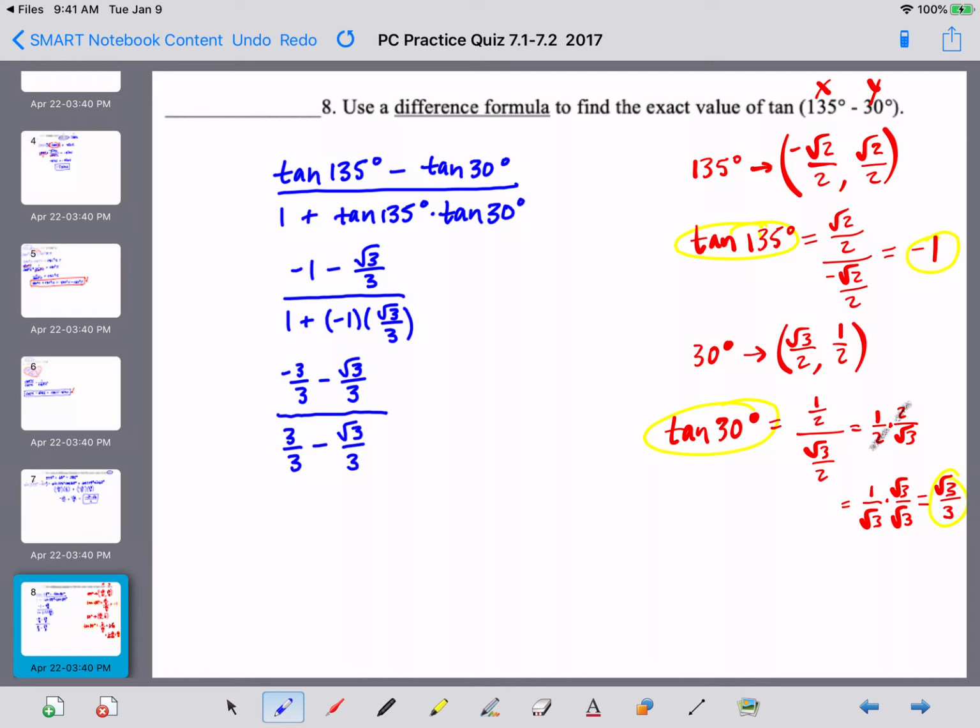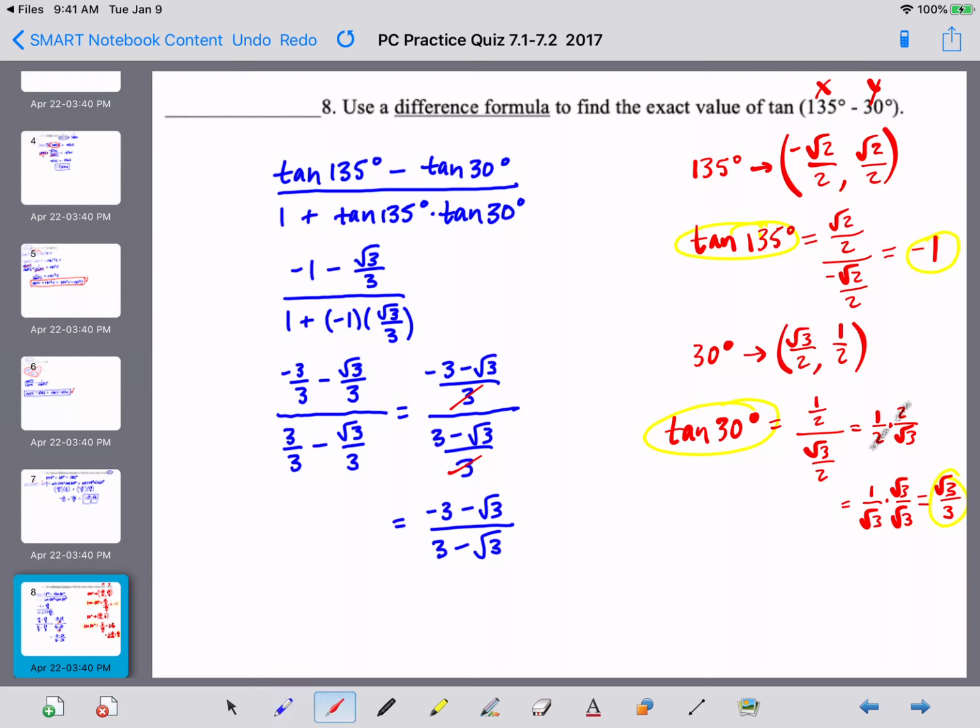All right, so now that these have a common denominator, we can combine them into single fractions. So in the top I have negative 3 minus root 3 over 3. In the bottom I have 3 minus root 3 over 3. So if you end up with these denominators equaling, you can just cancel them. So I really end up with negative 3 minus root 3 over positive 3 minus root 3.